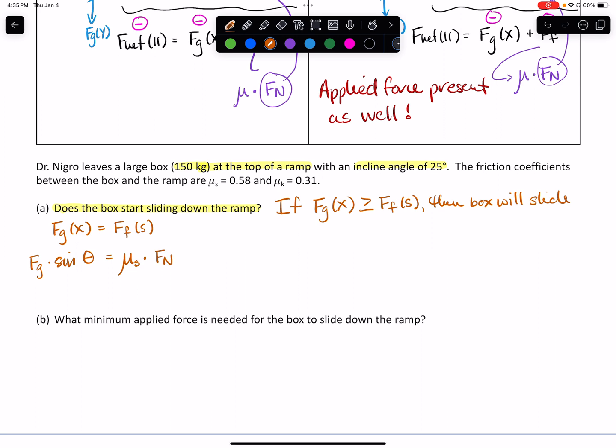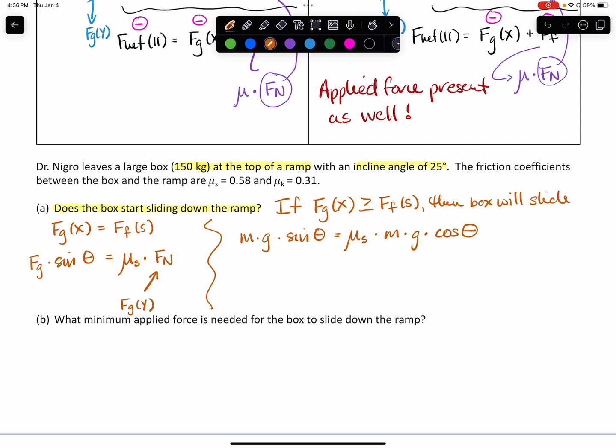Remember up above, we said that the normal force is equal to the y component of gravity. So if I rewrite these, I'm going to have mass times gravity for F_g times the sine of my angle equal to that coefficient times mass times gravity times the cosine of that angle.